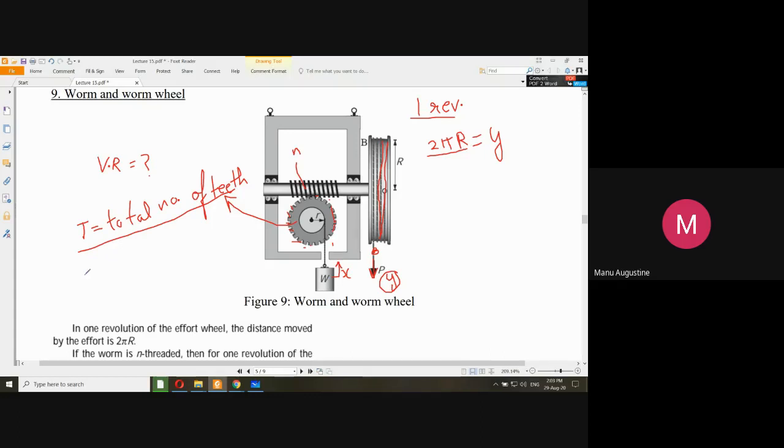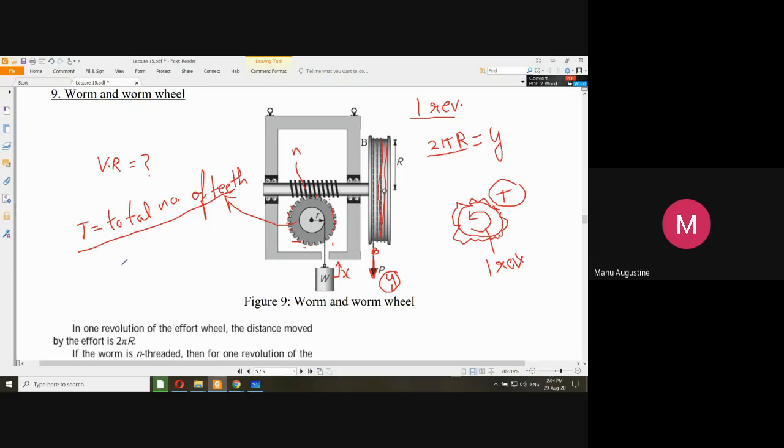So if I ask you the question, forget about this worm and all this. If I take this gear separately outside, taking it out of the system, it has T teeth. My question is, how many teeth will move if I give it one complete revolution? In one complete revolution of this gear or the worm wheel, all the T teeth will have passed by or moved.